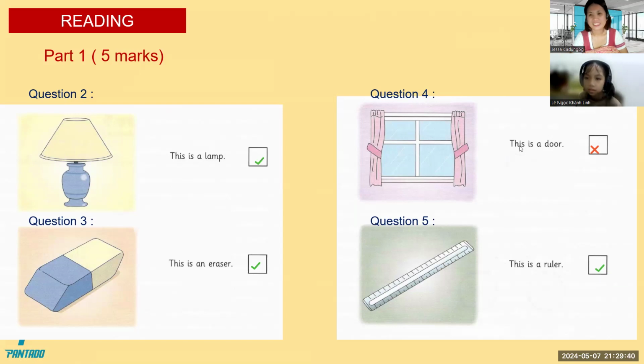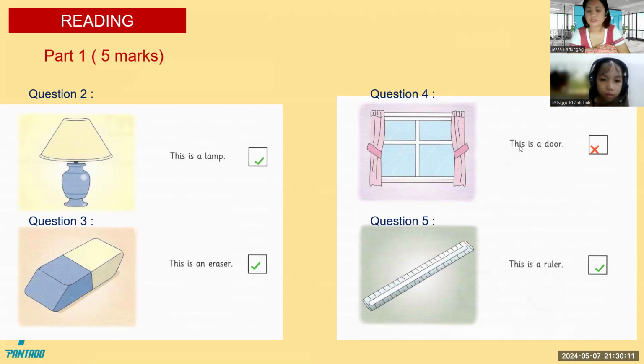Okay, Lynn, please read sentence 2. This is a lamp. What's the answer? A tick. Number 3.